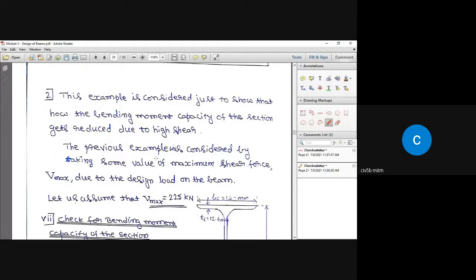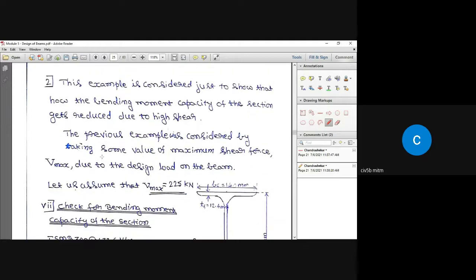I have increased the shear value and made it a high shear. Once a section is subjected to high shear, it has an effect on the moment carrying capacity of the section. In this problem, I am going to show you the moment capacity of the same ISMB 300 section when it is subjected to high shear.